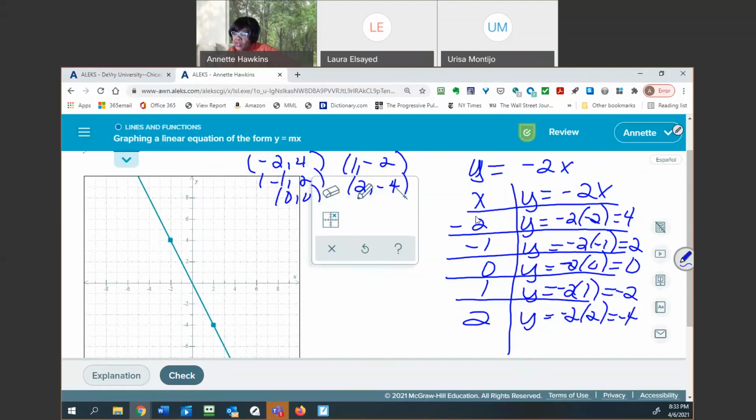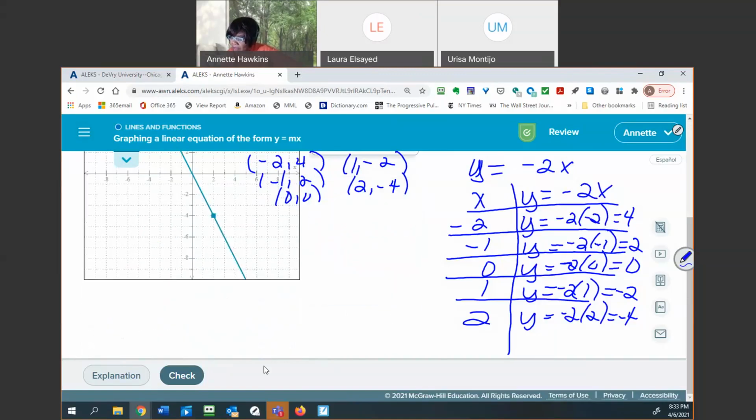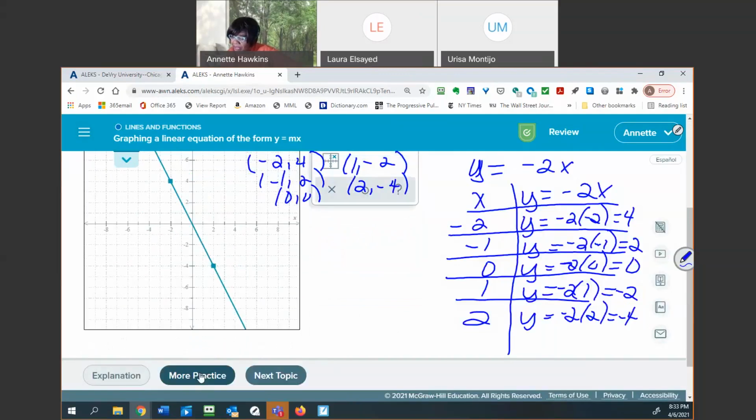The reason I used negative 2, 4 and 2, negative 4 is because they were some distance apart, and I wanted to kind of show you the line. I could have used negative 1, 2. It doesn't matter. Let's do another one. Okay, let's see. We'll check it, and then we'll see, can we do another one? More practice. Yeah.